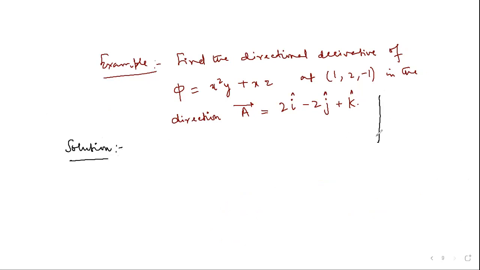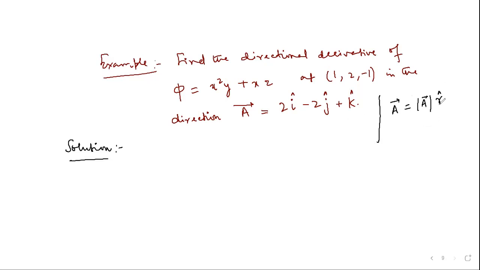You must be knowing that any vector A can be written as the product of its magnitude and the unit vector in the direction of vector A. Got it? You can define a unit vector in any direction.